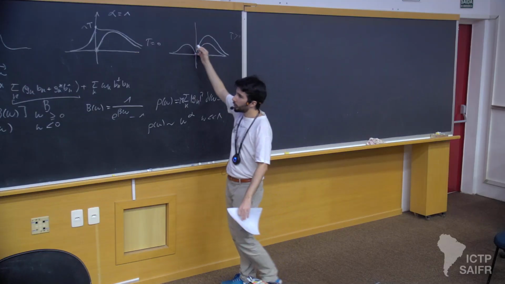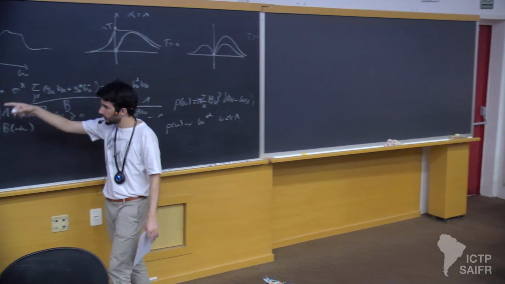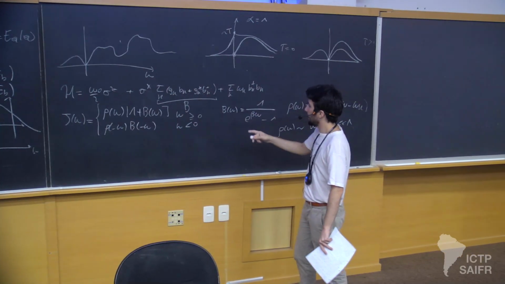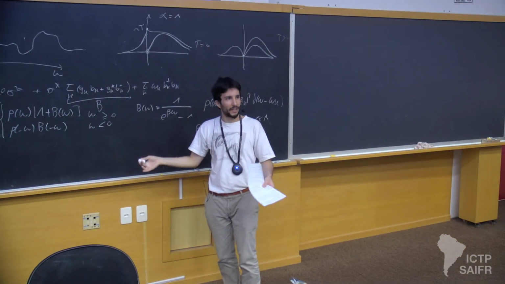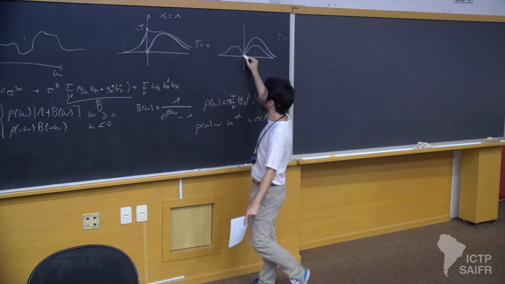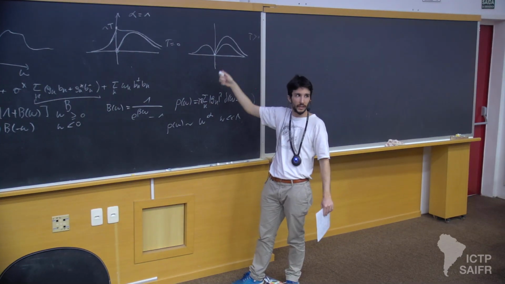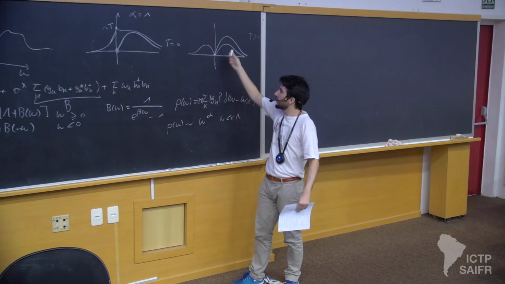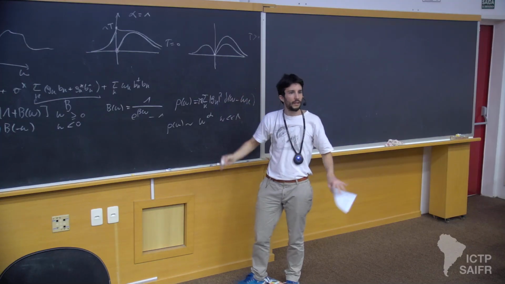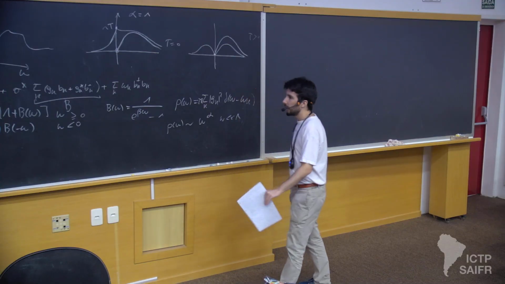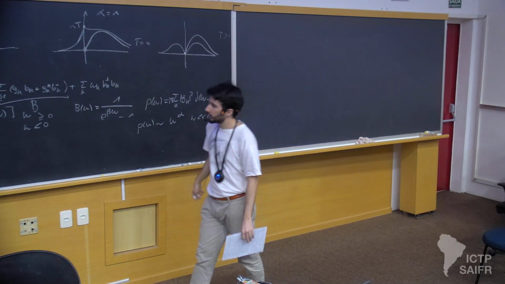And these singular points are ubiquitous in these objects because real systems have a ground state. So these singularities are a signature of a ground state. If you don't have a ground state, then you might have a completely smooth spectral density, but that's unphysical, strictly speaking.